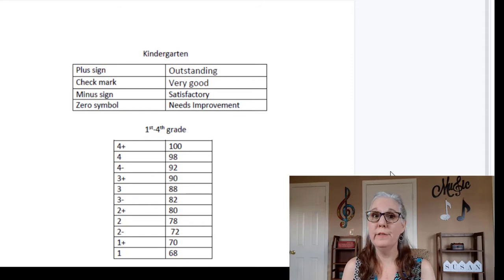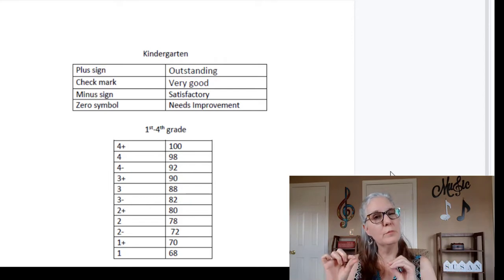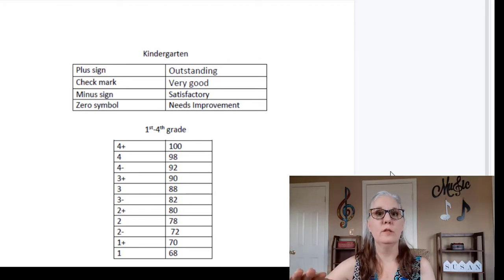And the key to all of this is consistency, because unlike a piece of written work where there's like 10 problems and you can look and see, okay, they got 8 out of 10 right, that's an 80%, we are using rubrics and plus, check, and minus, which still has a little bit of a subjective nature to it. So you need to try to be as consistent as you can across the board.